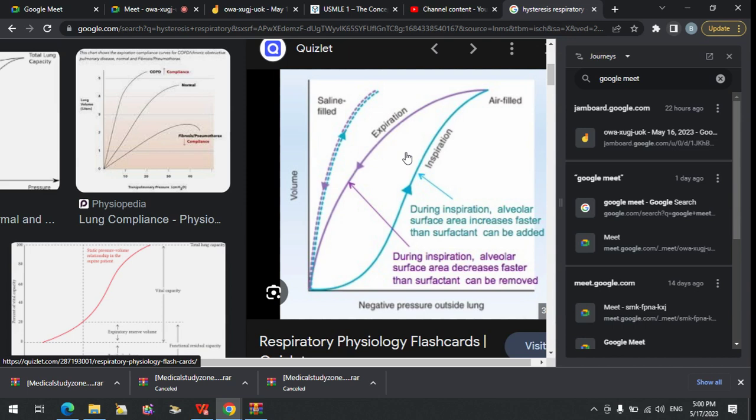Because during expiration, you have more volume, since it is coming down from a higher volume. So the radius is higher, and it has less collapsing pressure, less surface tension, more compliance.